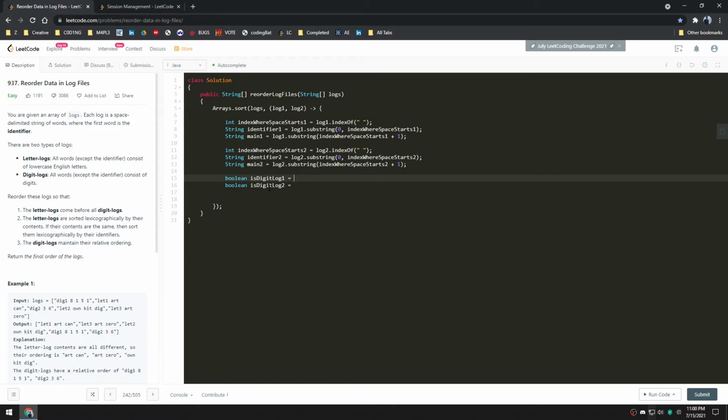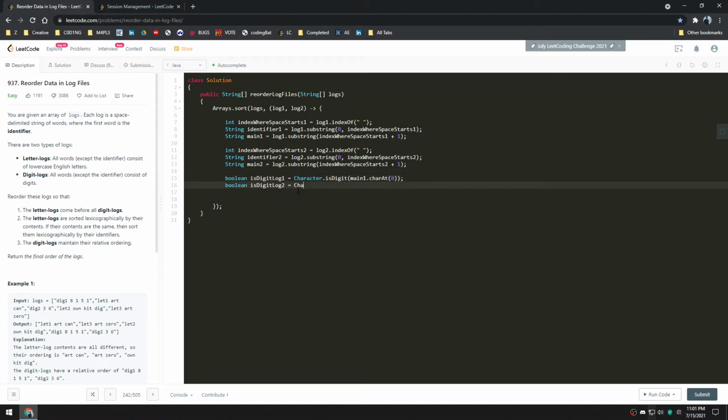We know that the digit logs start with numbers and will only be numbers. We know that the letter logs will always be lowercase English letters. So if we use Character.isDigit on the first character of the main log, and that is a digit, then it's a digit log, because there's not going to be a mix.